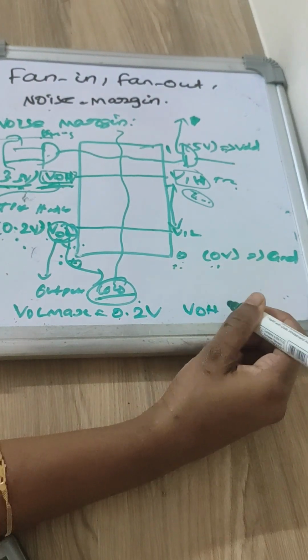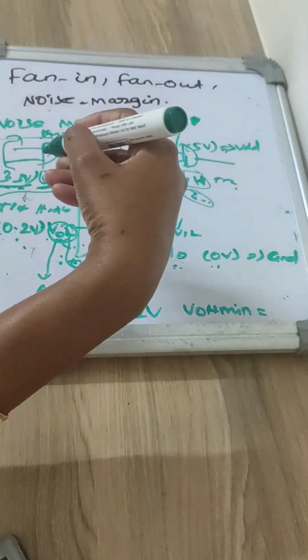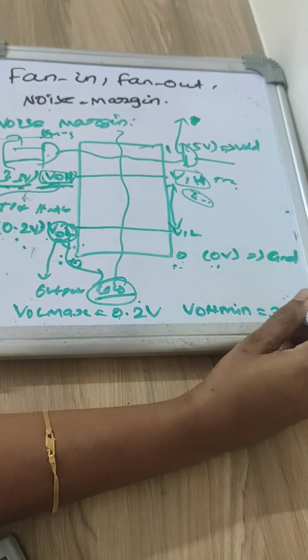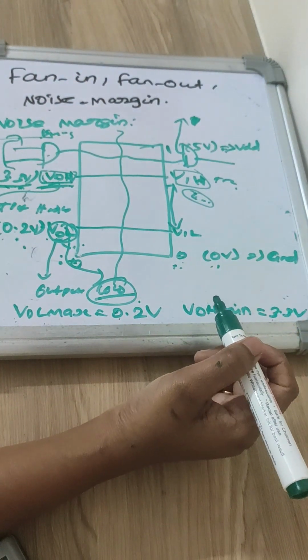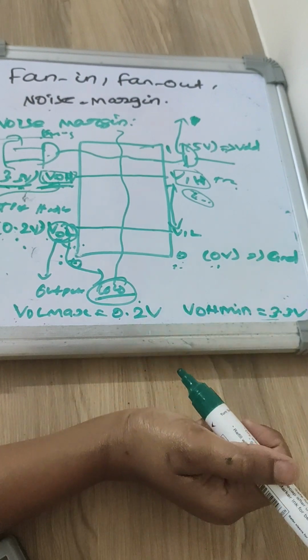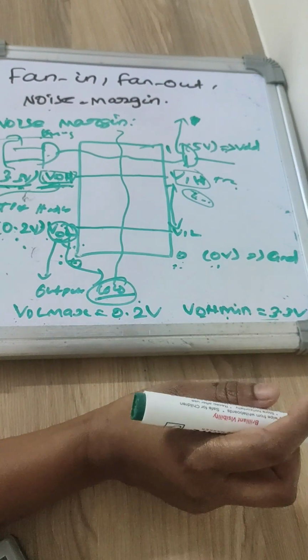Same in the case of VOH, I won't call it max, I will call it min, since my max value could still be 5 volt, and the minimum could be 3.3 volt. When I am driving my output as high, I will make this 3.3 volt. So this is what we call VOH min, and always VOL max.